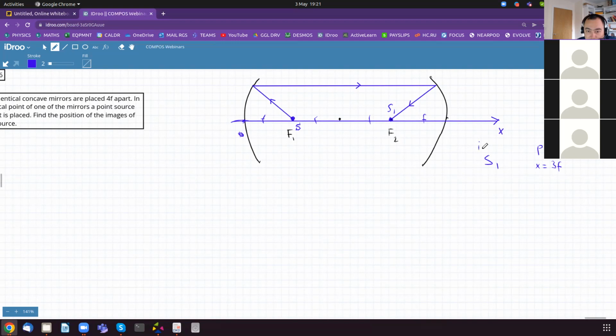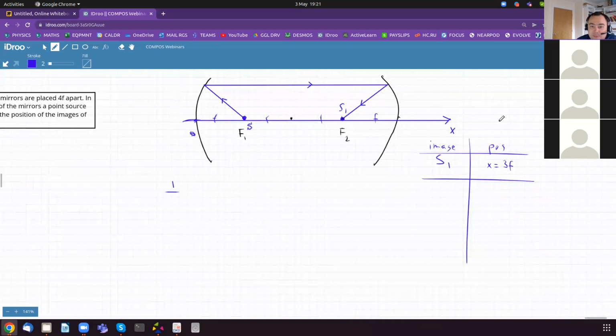So to find S2, we use the formula. Now the image S1 is the object, and S2 is the image of S1.